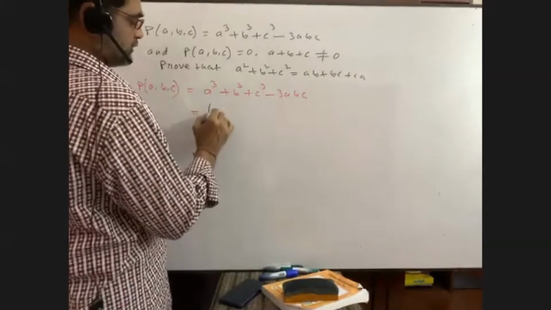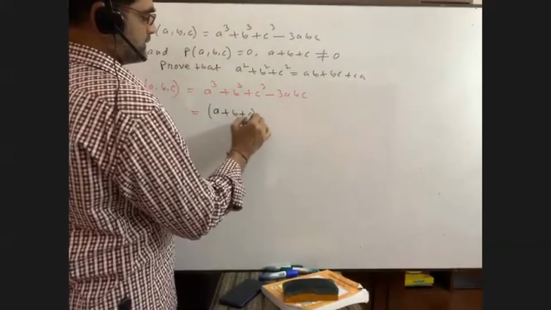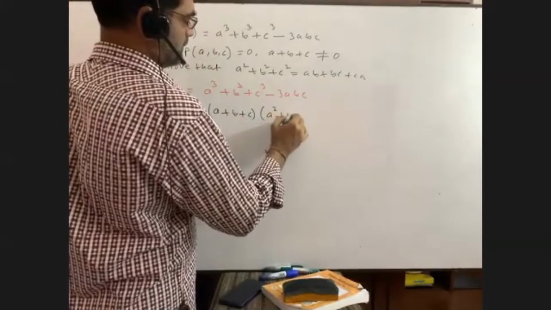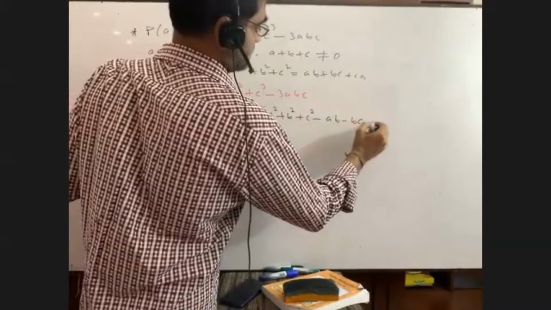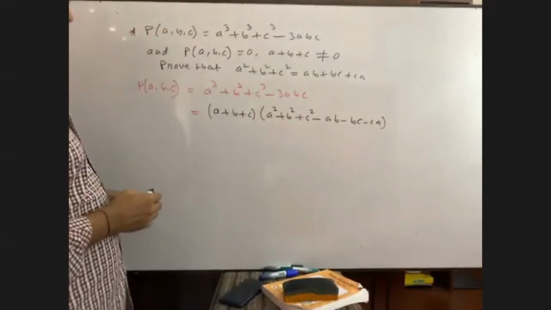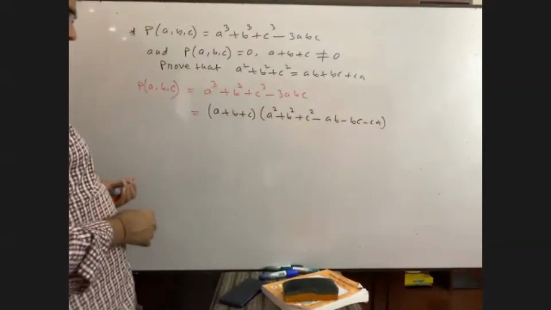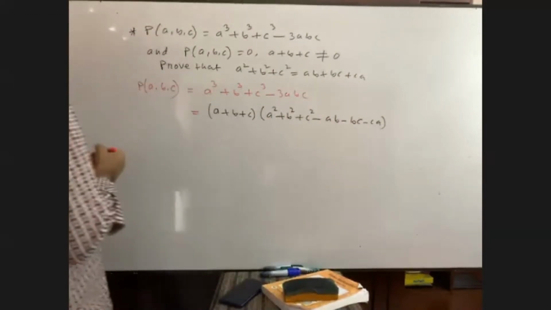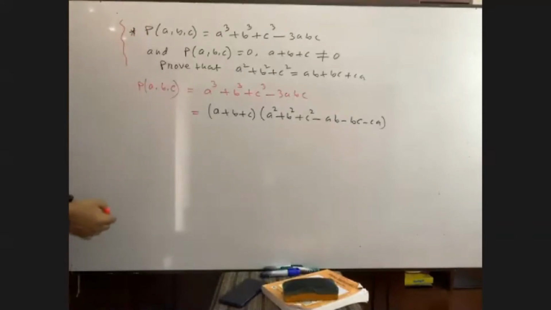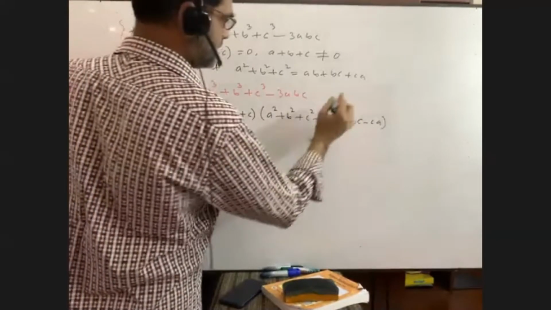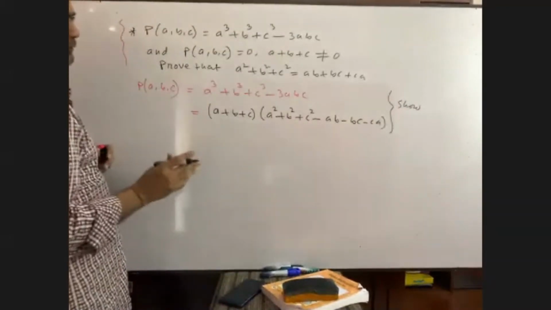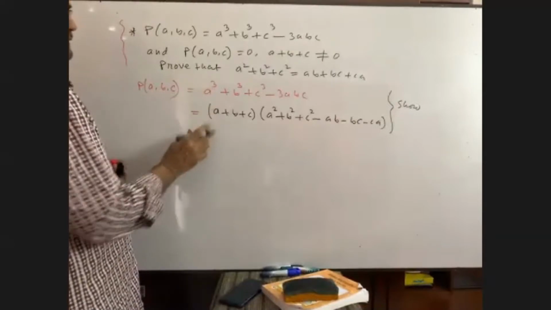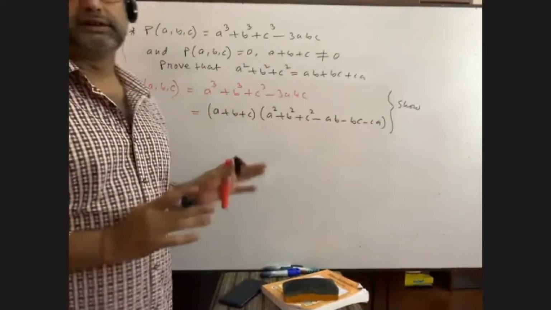I told you, equation 1: A plus B plus C into A square plus B square plus C square minus AB minus BC minus CA. Today I proved it. If this math is given in the examination, then you have to show this, what I have done here. That means you have to do the math up to this.